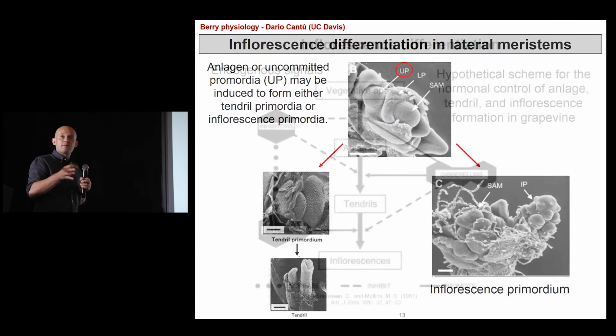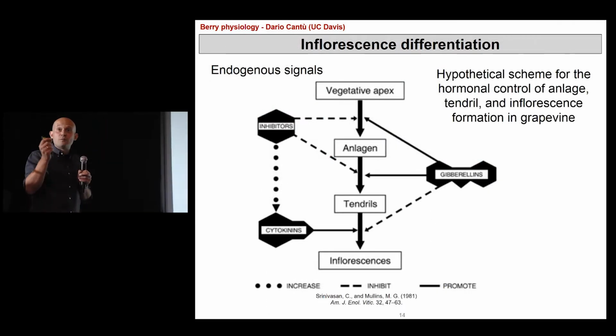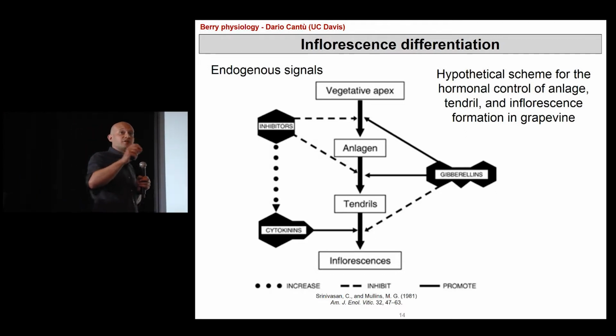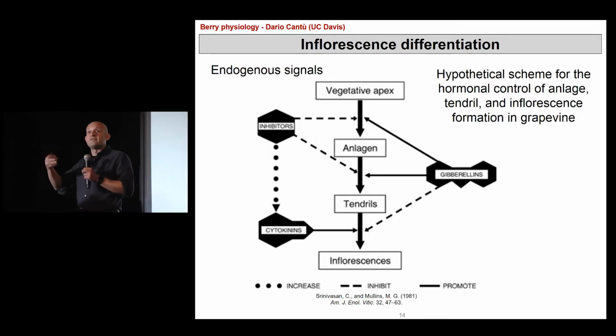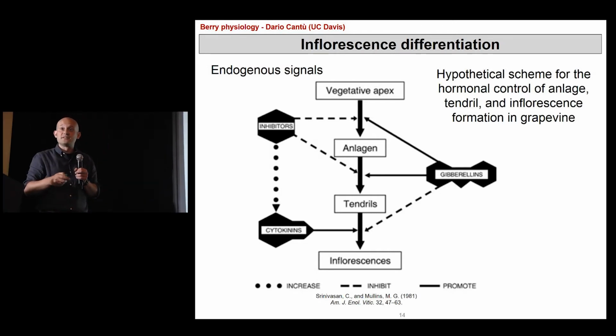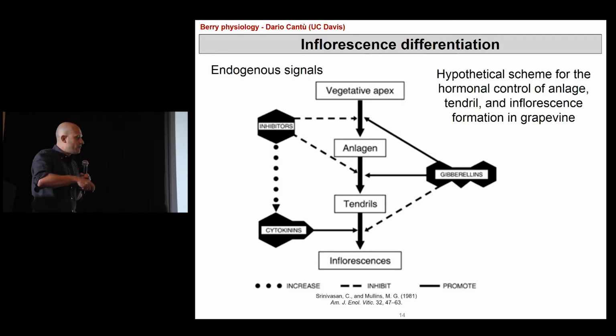We know something about it, and we know some hormones are involved in this. Hormones are those molecules that have very low concentration inside the plant, that are produced by plant cells, and determine developmental events, in this case inflorescence differentiation. So typically you have your shoot apical meristem. Gibberellins actually promote the formation of those uncommitted primordia, but then they become a negative regulator of inflorescences.